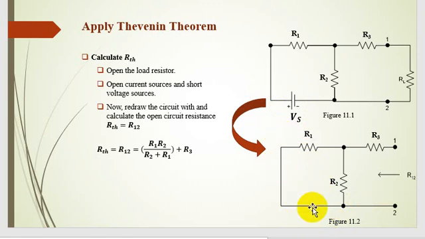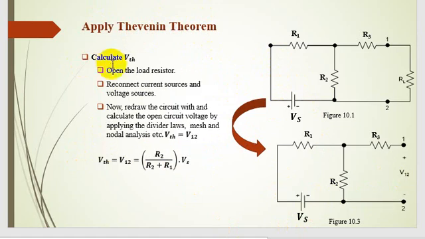These are the same steps we have already done in the previous lab, so this is just a revision of how to apply the Thevenin theorem. After doing this, you are supposed to calculate the R Thevenin. After calculating the R Thevenin, the second step is to calculate the V Thevenin.